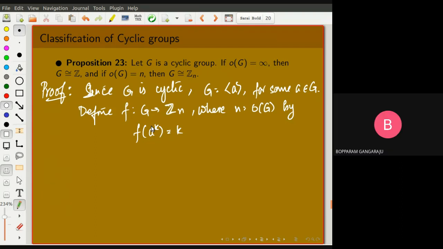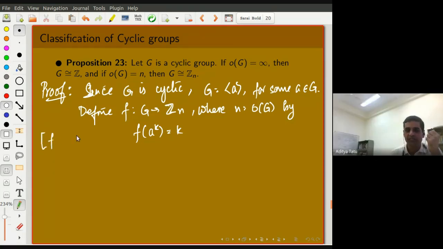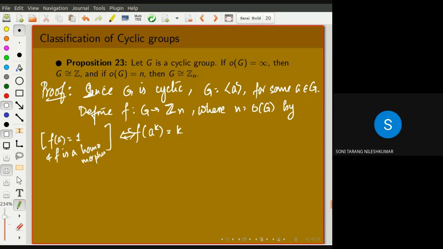Sir, it will be enough if we define one property. Exactly. So in some sense, what you're saying is equivalent to saying that f of a is 1 and f is a homomorphism. Yes, sir. That is also enough.